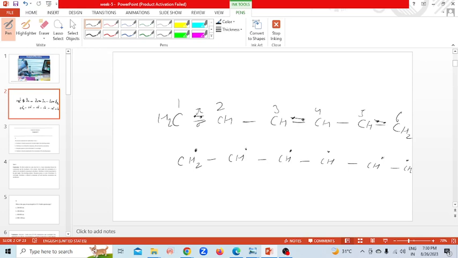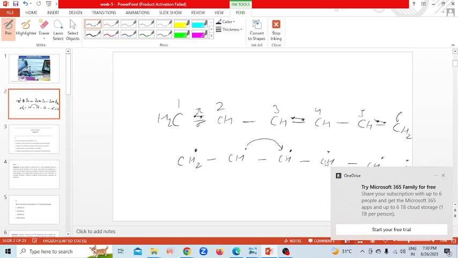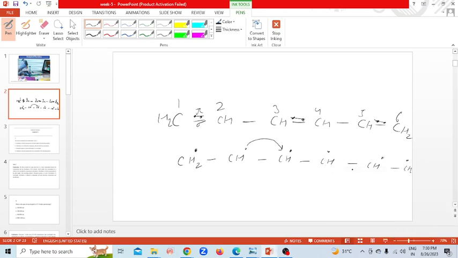Now carbon 2, which was initially sharing its electron with carbon 1, can now share its electron with carbon 3. So again it will make a bond like CH2, then CH double bond CH, then CH. Now this electron is sharing with this one, and finally CH2.